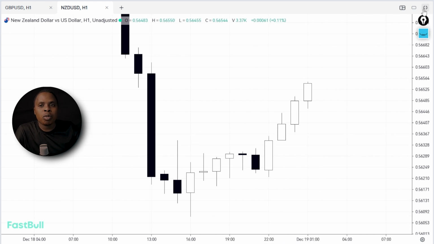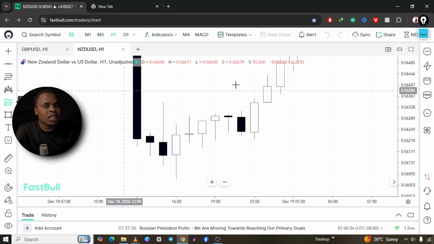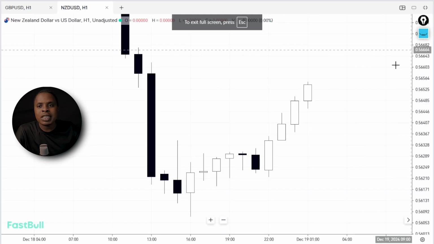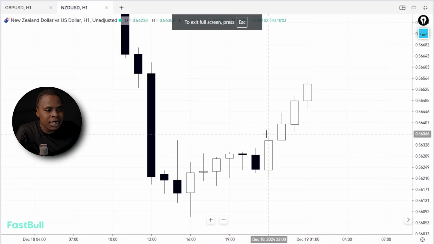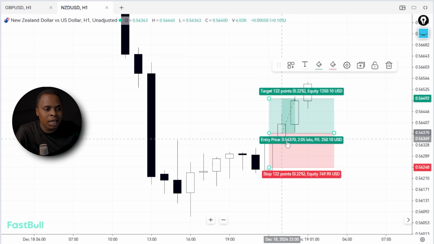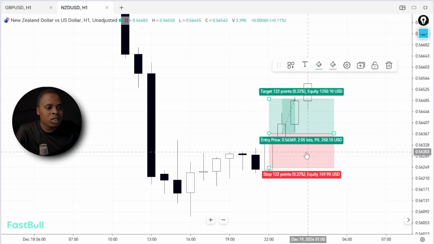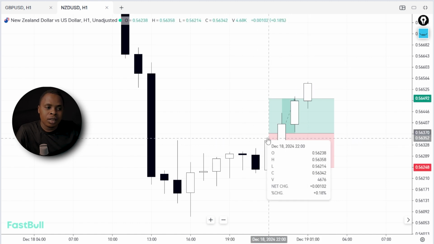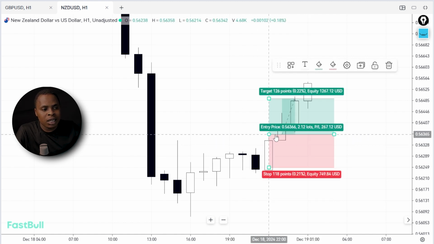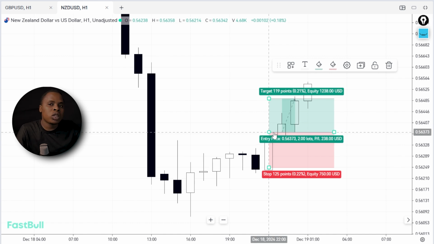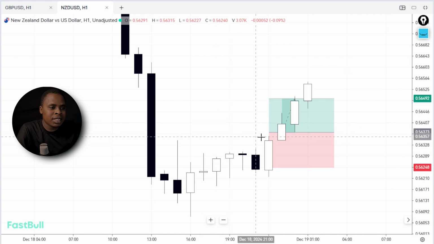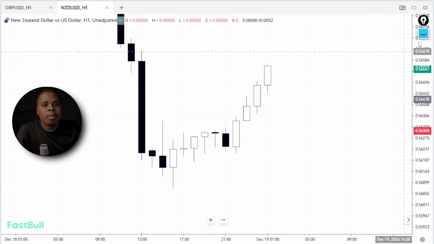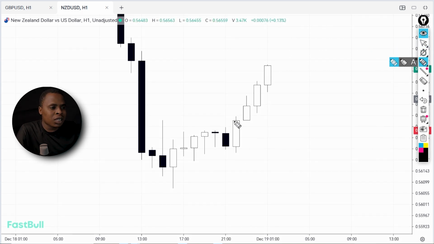So what we want is, we don't want to place the trade directly after the close. We want to place a buy stop so that the market can trigger itself even if we are not there. So we want to go maybe 2 pips or 3 pips above this candle right here. If you're using a higher time frame, you can go all the way to 4 or 5 pips. Why am I saying this? Well, what happens sometimes is that the market is going to maybe close right here and create another candle right here.